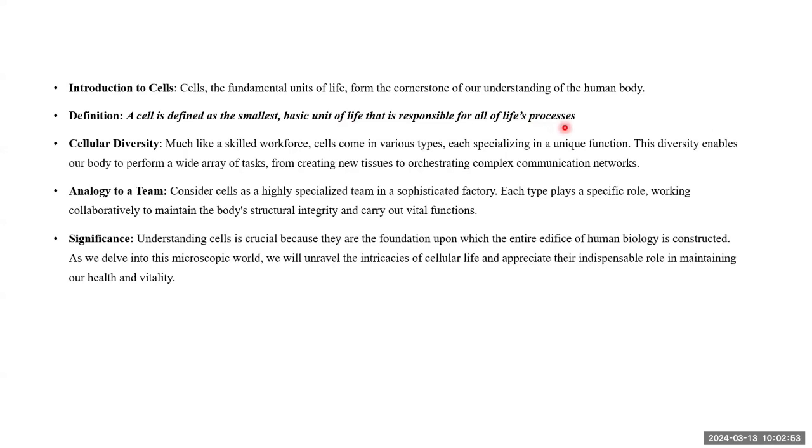Speaking of the human body, we are all made up of different types of cells. Each type of cell signifies a function going on in our body. Together, all different types of cells are sustaining our life.